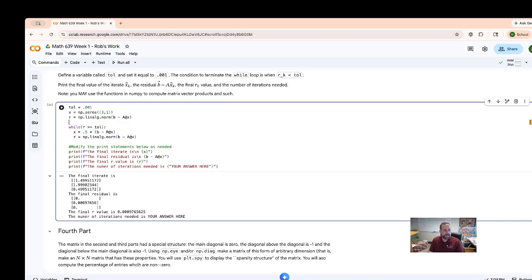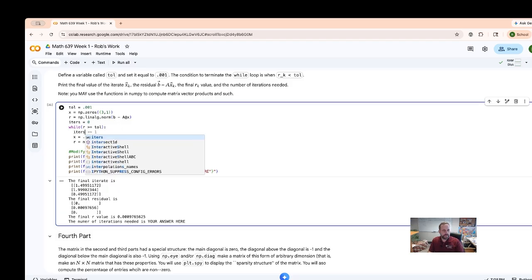So I'm going to make a new variable. iters is equal to 0, because we'll start with 0. And then each time we go through the loop, we're going to say iters is equal to iters plus 1. But this idea that we are taking a thing and updating it on a loop over and over again happens so much, there's a special expression for it, plus equals 1.